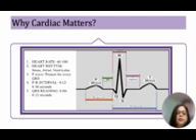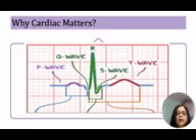Identifying the PR interval, 0.12 to 0.20 seconds, is normal. That's between P to R here. And then the QRS is 0.08 to 0.12 seconds, which I can show more clearly on the next page. So for the PR, the normal value is between 0.12 and 0.20.